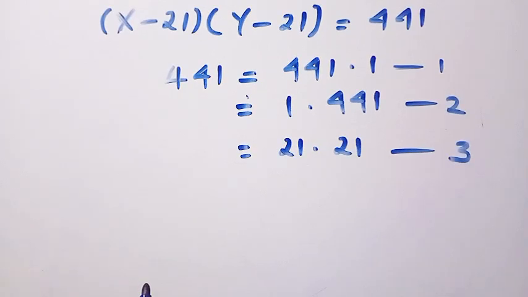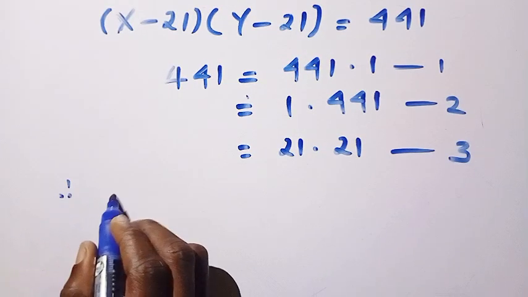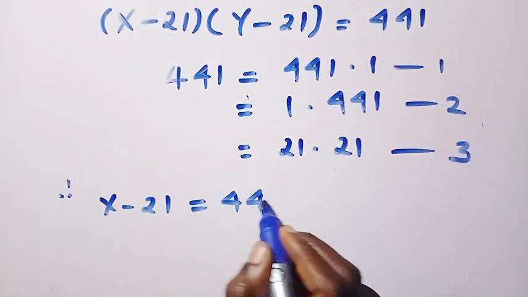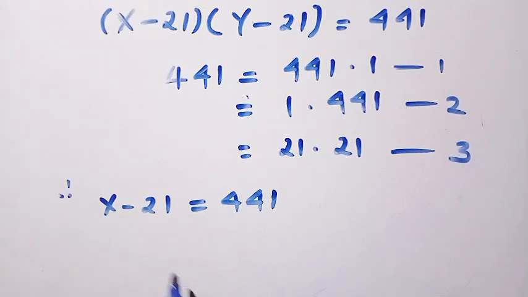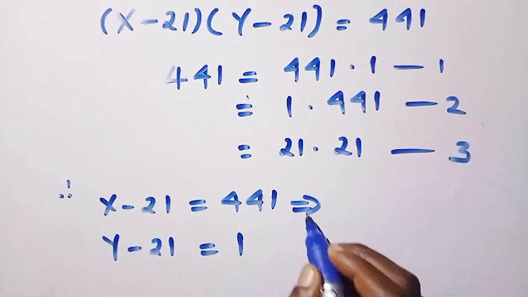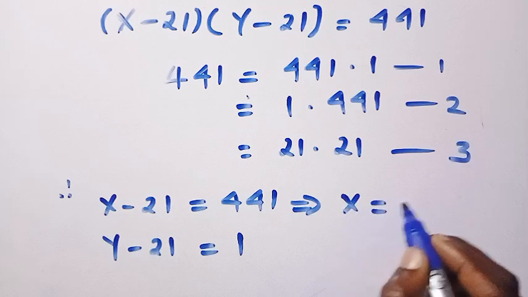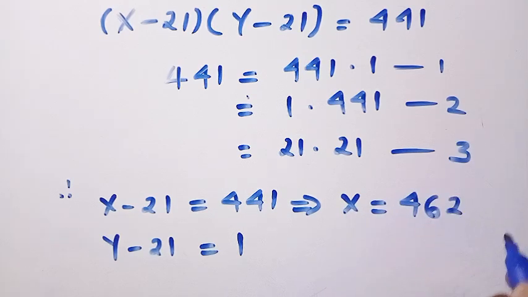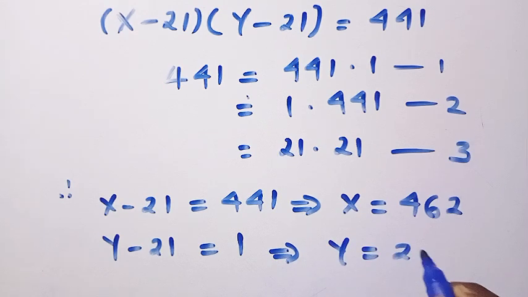By considering the first one, we let x minus 21 equals 441 and y minus 21 equals 1. So the first one implies that x equals 462 and y equals 22.